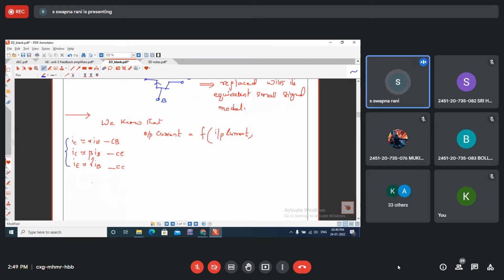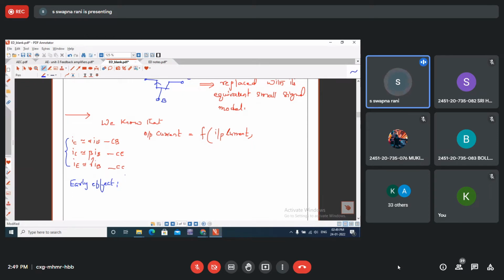Now, in addition to that, the shape of the input and output characteristics is accounted for by the effect called the early effect. The early effect is that the change in the reverse bias voltage at the collector junction modulates the width of the base.